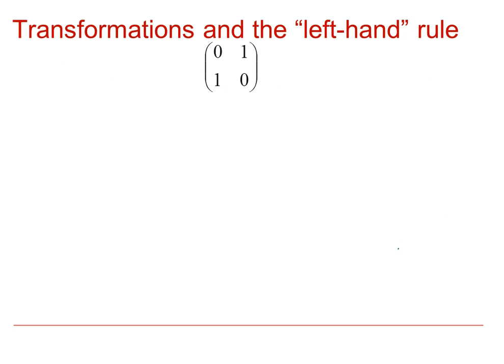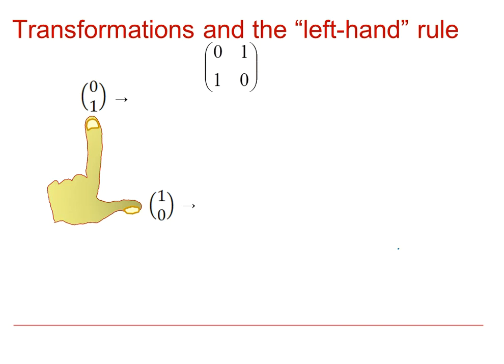Quite a nice way of practicing this and working with this is if we look at the matrix (0, 1; 1, 0) first, it's called the left-hand rule. So if you use your left hand, and you can do this visually as we're going along, your thumb represents (1, 0), so your thumb should be pointing along the x-axis.